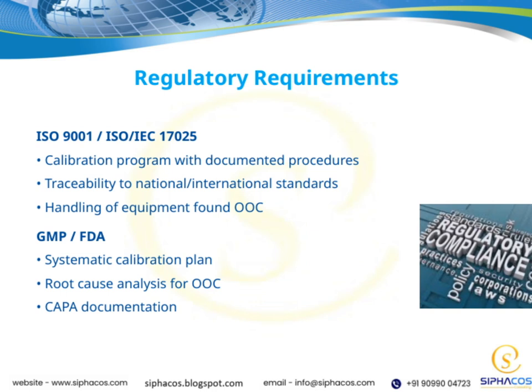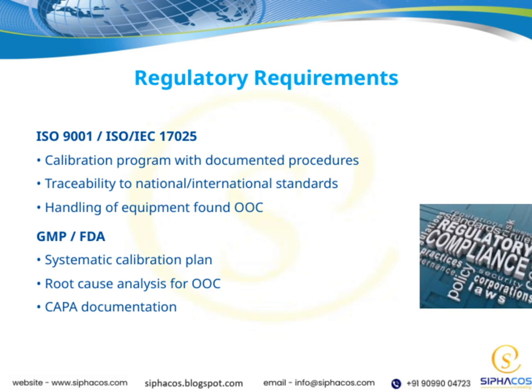Moving on to GMP and FDA requirements, a systematic calibration plan is a must. This means scheduling and documenting calibration activities proactively, rather than reactively. When equipment is found to be OOC, conducting a root cause analysis becomes vital. Understanding why the equipment went out of calibration helps prevent future issues.